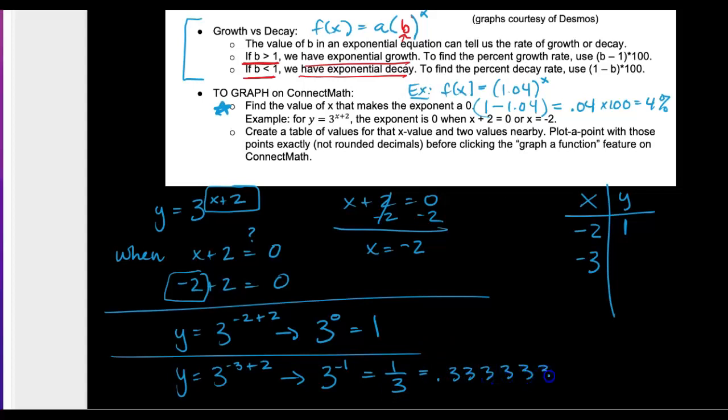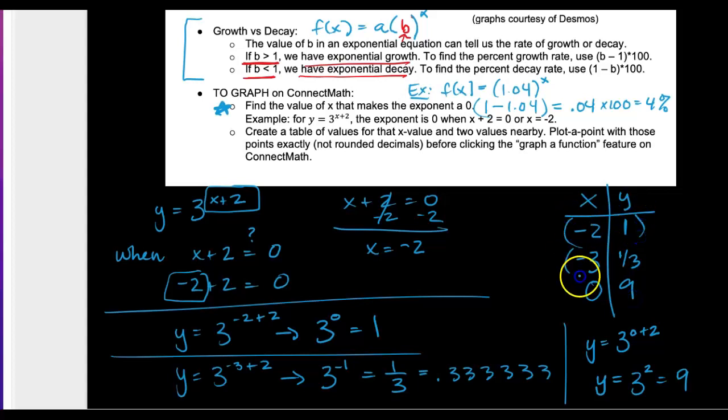You're not going to want to put that in Connect because you'd have to round, so I would just keep it at 1/3. And then maybe pick a bigger number, maybe 0. If I do y equals 3 to the 0 plus 2, I get 3 squared, which is 9. That gives you 3 points to plot.